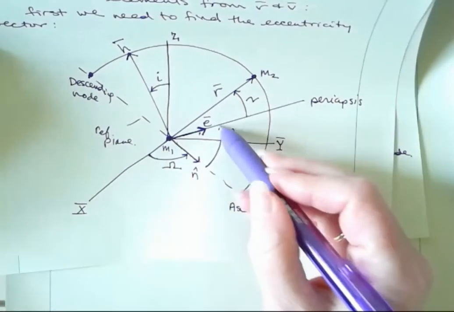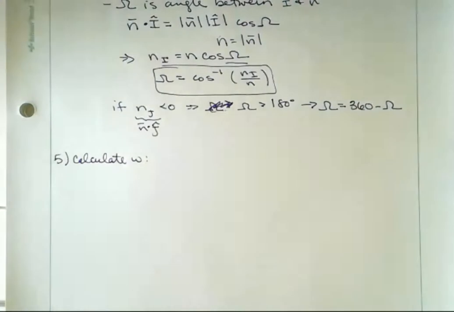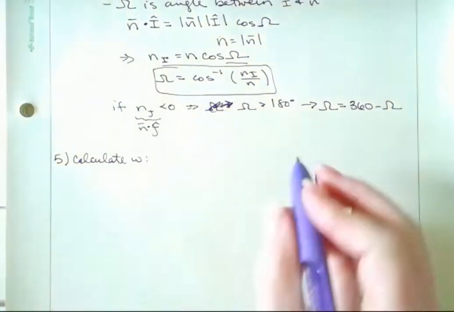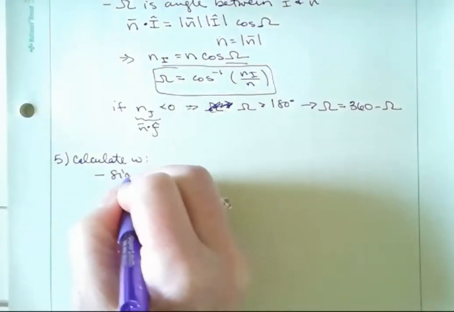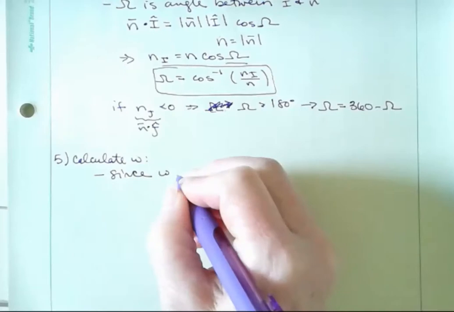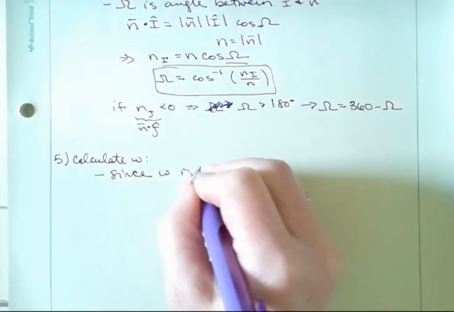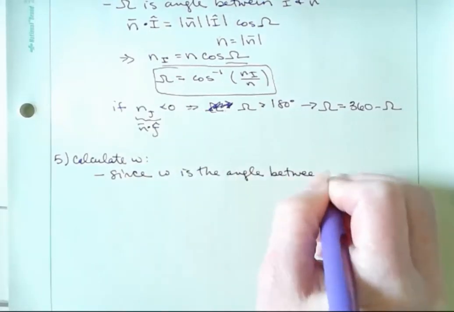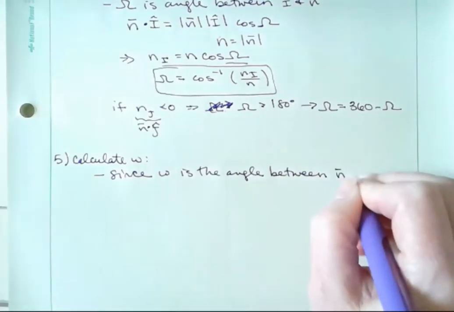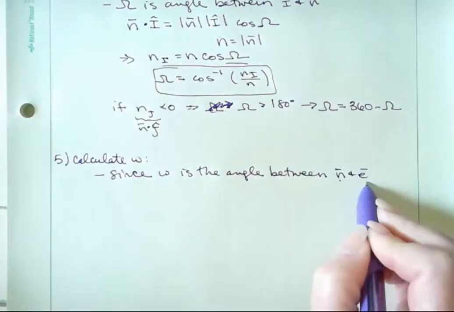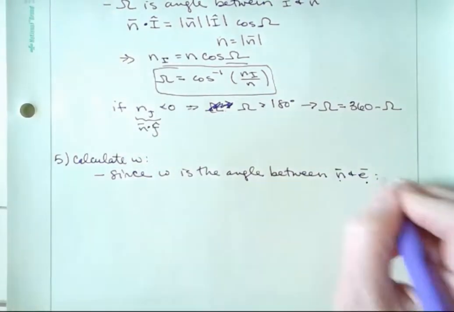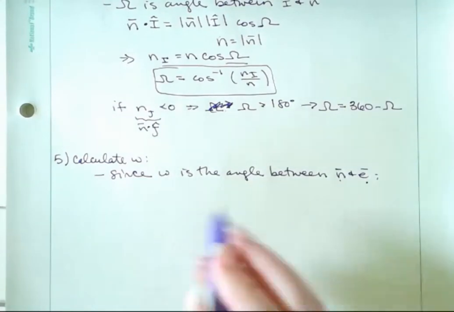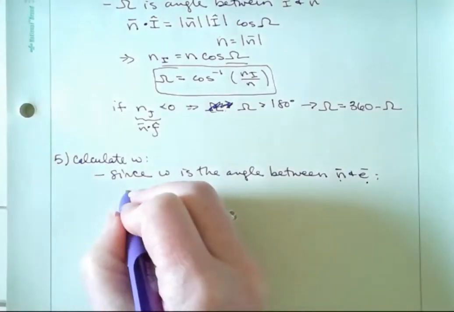That's what we're looking for. Since little omega is the angle between n, the node vector, and e, the eccentricity vector, then again, since we have an angle between two lines, we can use dot product again.